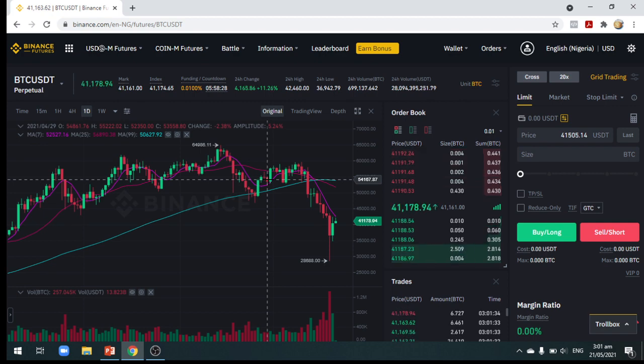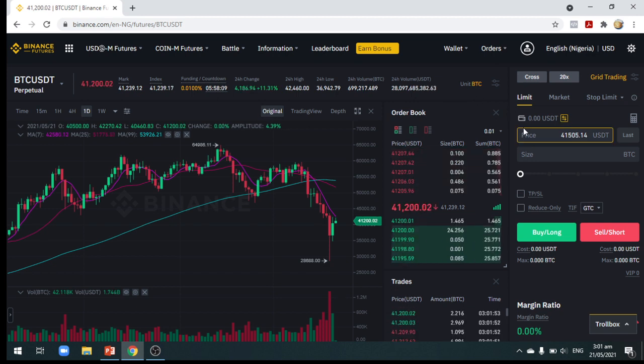Okay, so having known some of the differences between spot trading and futures trading, let's go on to explore some of the various features of futures trading and how to use them correctly.